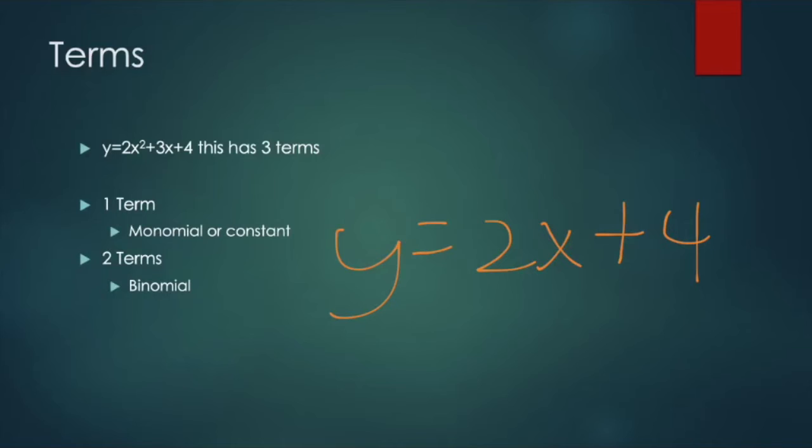Linear. So this will be a linear binomial. Why? Because it's to the first degree right here, the invisible little one. The 4 doesn't count for the degree, but it makes it a binomial. It's a binomial, but it is a linear binomial because the linear part talks about the degree. So 2x is a term and 4 is a term. That is correct.